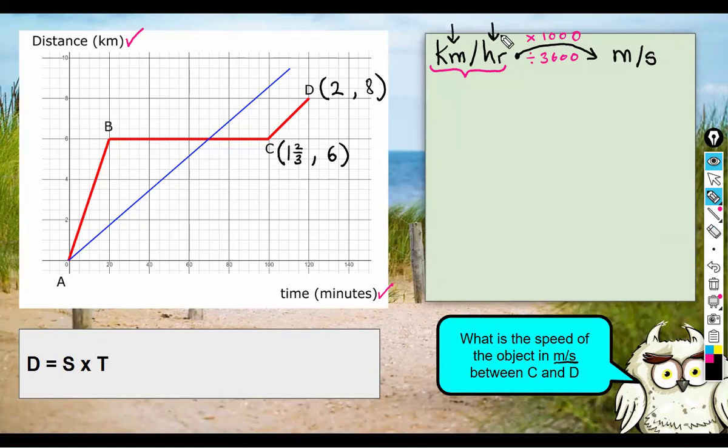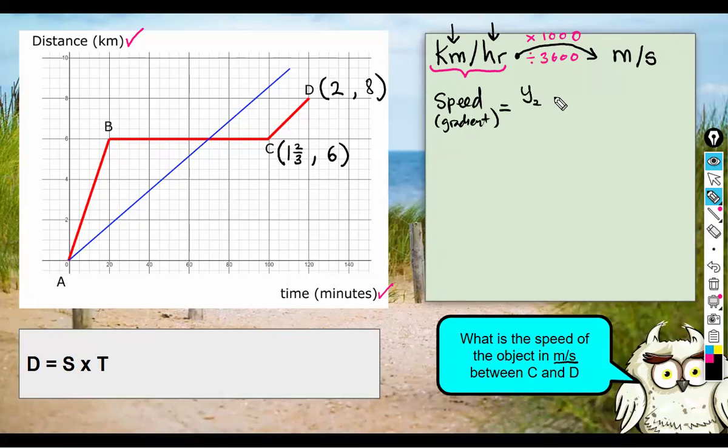So if I decide to find the gradient now, which represents the speed in a distance-time graph, my speed will come out in kilometers per hour. So let's go ahead and find the speed, which is represented by the gradient of a distance-time graph.